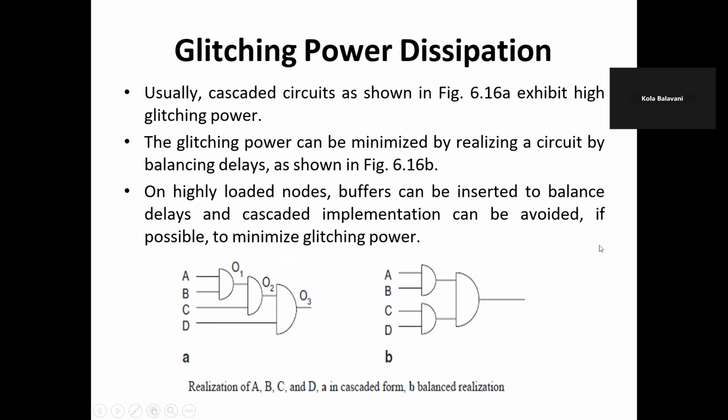The possible ways to minimize the glitching power dissipation are using balancing delays, by using the balanced realization rather than cascaded. One more thing is that for highly loaded nodes, buffers can be inserted to balance the delays and cascade implementation can be avoided. So if you use buffers in between the circuits, you can also decrease the glitching power. But if you use buffers, one more point is that it will increase the overall delay of the circuit.